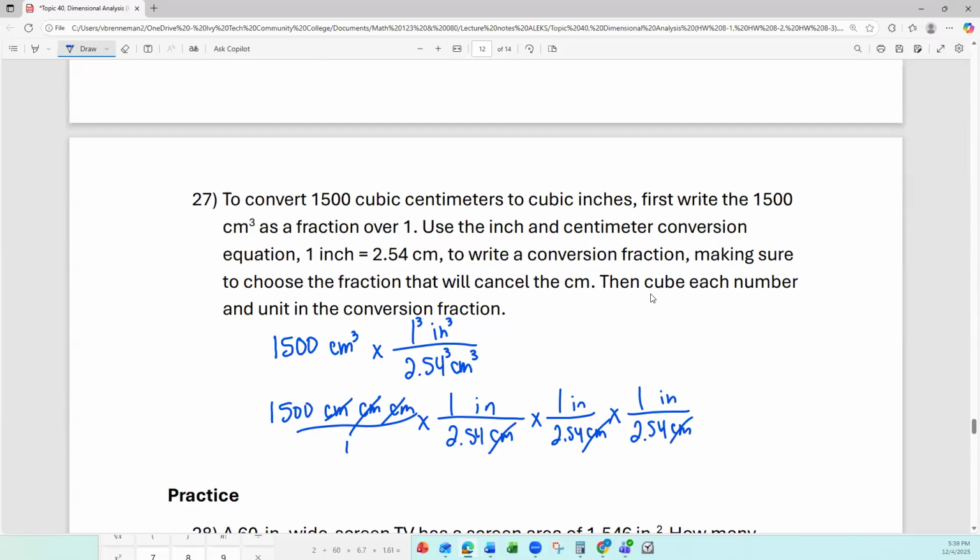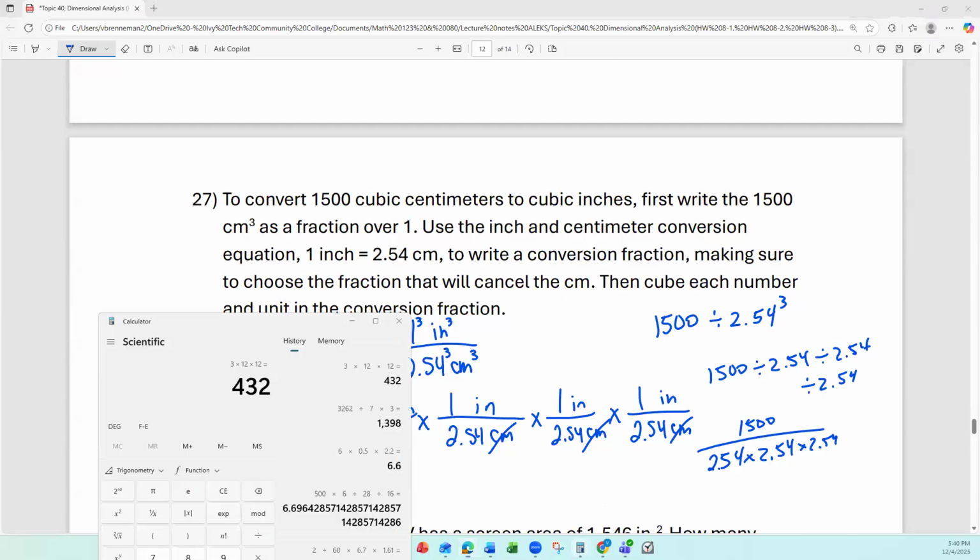So I'm taking 1500 divided by 2.54 cubed, or 1500 divided by 2.54 divided by 2.54 again, divided by 2.54 again, or 1500 over a fraction where the bottom is 2.54 times 2.54 times 2.54. Just depends on the calculator you're using and how you prefer to use it.